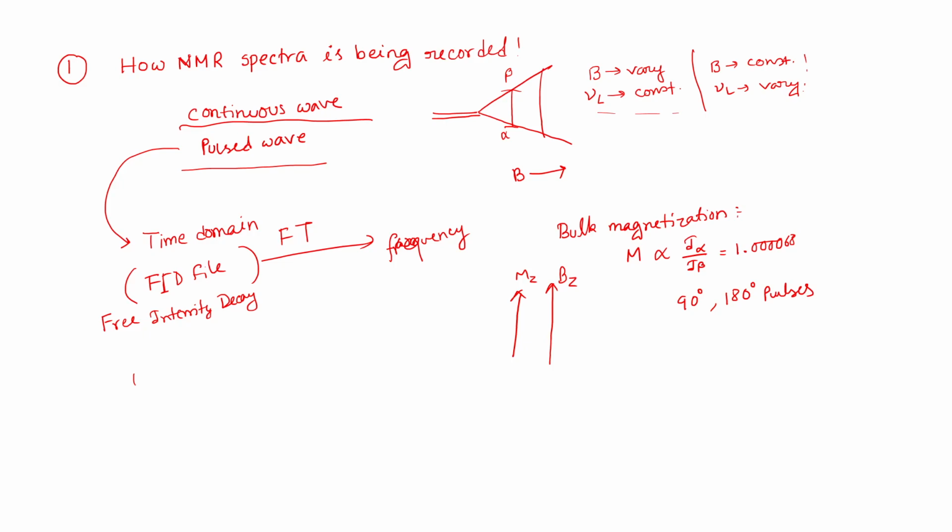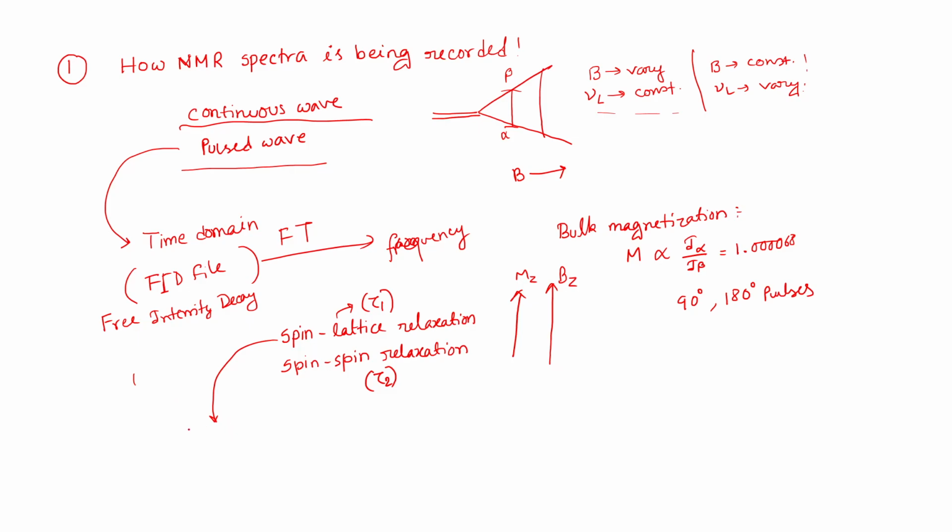In this context you have also learned about spin lattice relaxation and spin relaxation. The times are denoted as tau 1 and tau 2. The application of spin lattice relaxation is that it gives you an idea of the surroundings, the magnetic property of the surroundings.